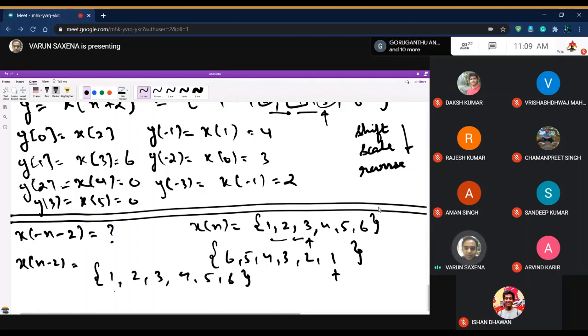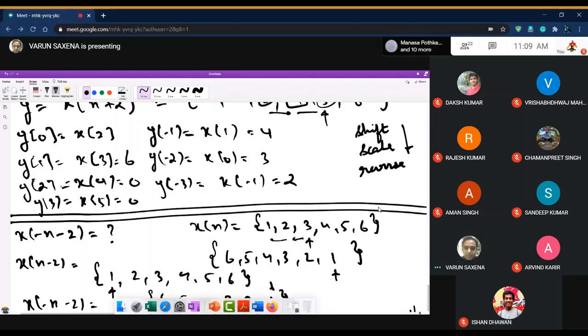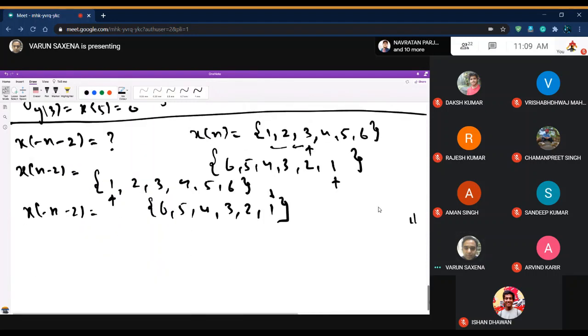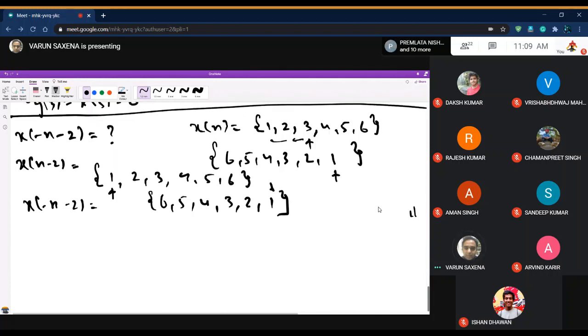Then you have to reverse the scaling, which means that n becomes minus n, which means everything flips about 1. So it becomes 6, 5, 4, 3, 2, 1. And this is it. Okay, so this is the answer.